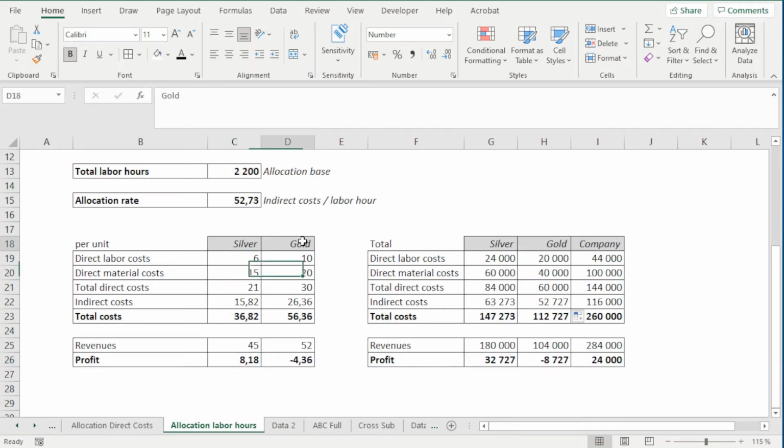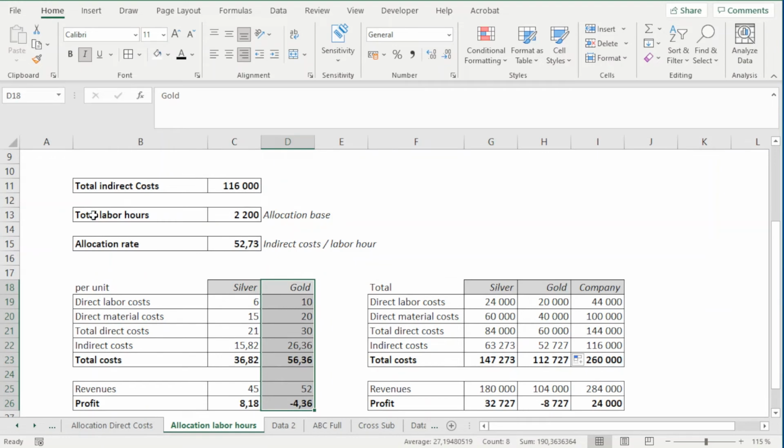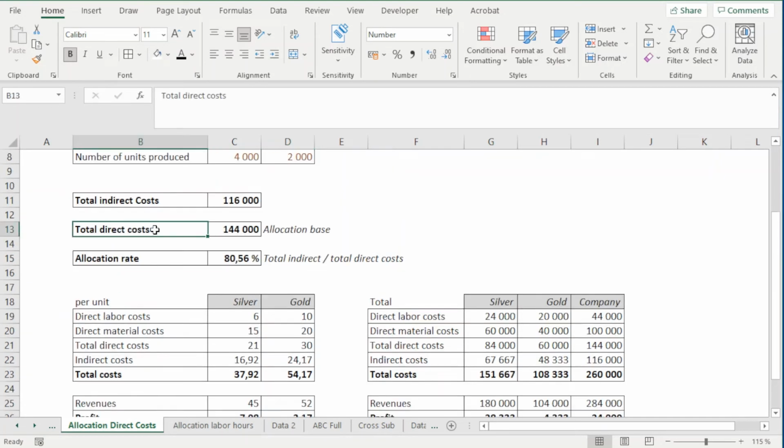And for this product, in our second approach, the loss has actually also increased to 4.36.